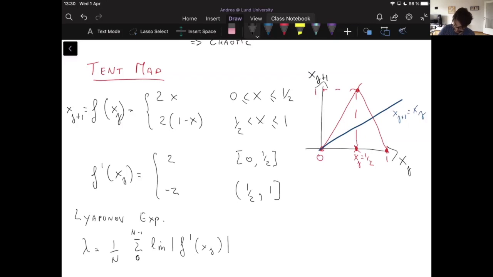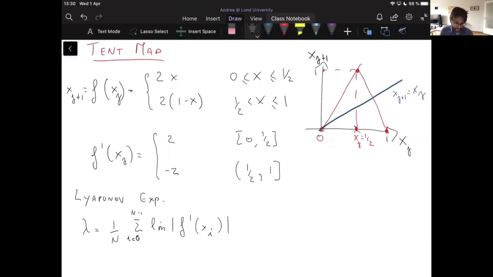Usually the sum goes for i from 0 to a given value, and this is x_i. So if I follow a trajectory, the absolute value of the derivative in this specific case is always 2. So this is given by 1 over n times the sum, again, of the logarithm of the absolute value.